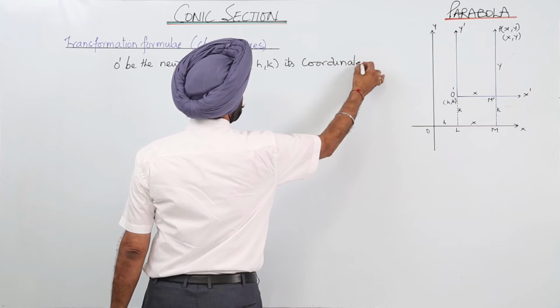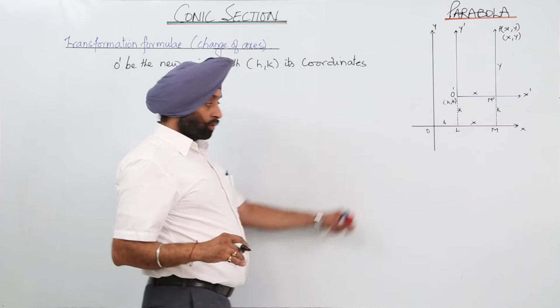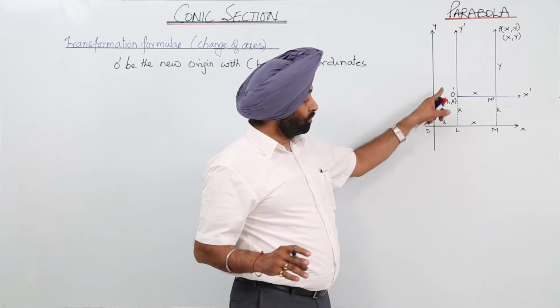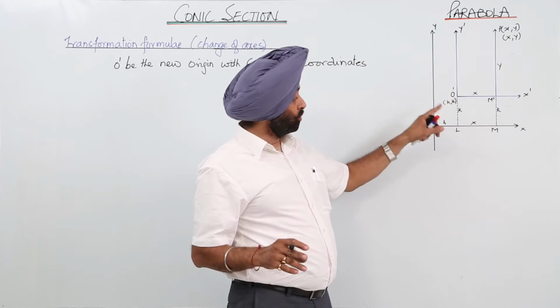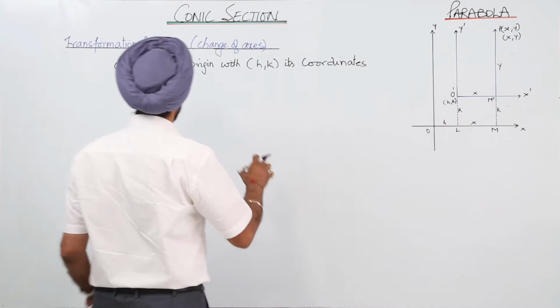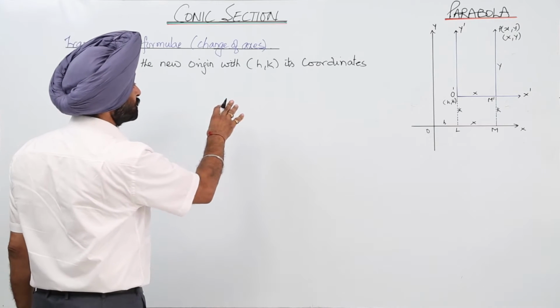Always we know that the origin is 0 0, but here O dash is the new origin with coordinates h comma k.